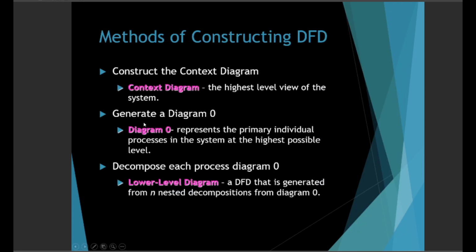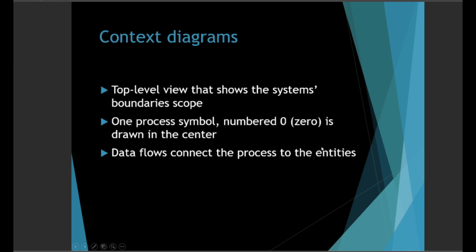In a more detailed discussion of these three levels of diagram, the context diagram is the top level view that shows the system's boundaries and scope. It just shows the entities, the endpoints or starting points of the system, and everyone who uses it. They might be a person, an organization, or another system. That's how they define the scope of the system.